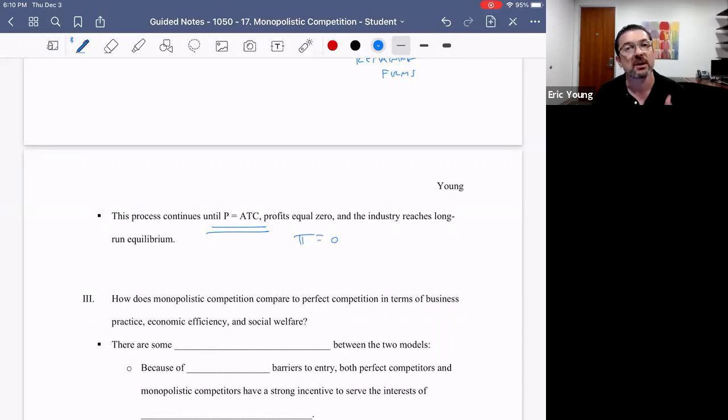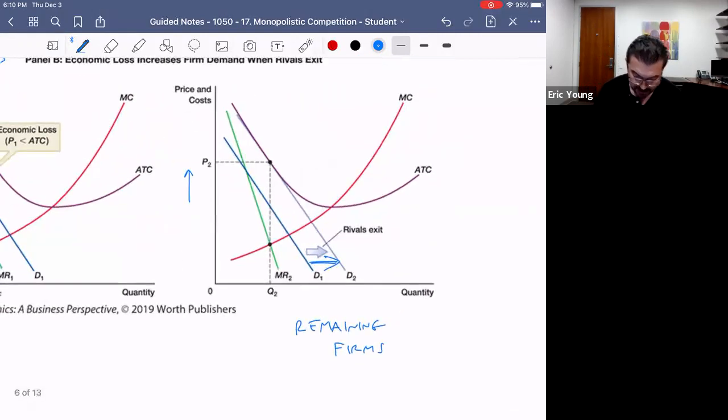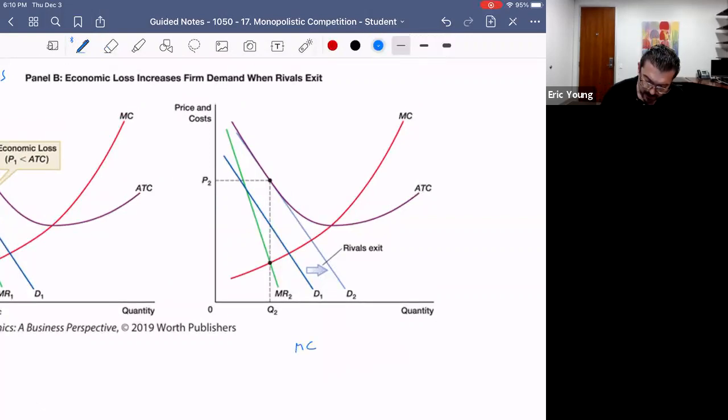And because with 0 profits, there's no more incentive for entry and no more incentive for exit, the market, the industry will stabilize into a long-run equilibrium. And what that equilibrium is going to look like is actually right here. Let's erase this because you know the analysis, and let's assume that this graph right here represents the monopolistically competitive industry at long-run equilibrium.